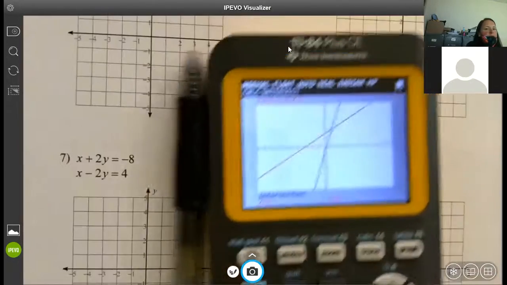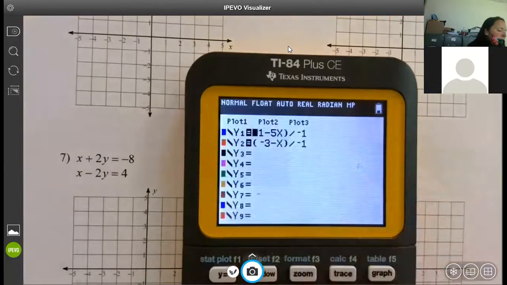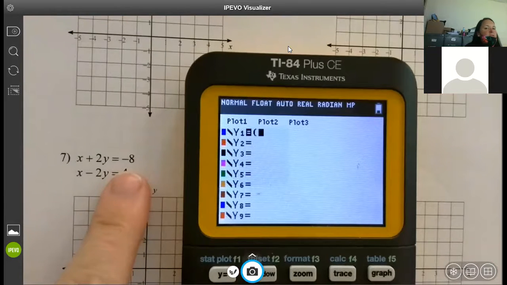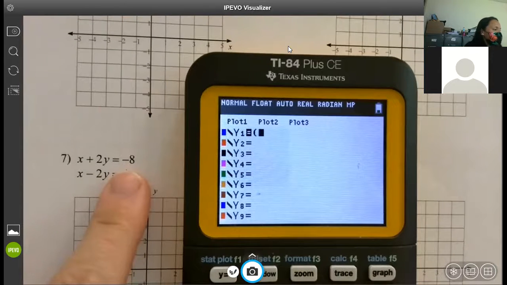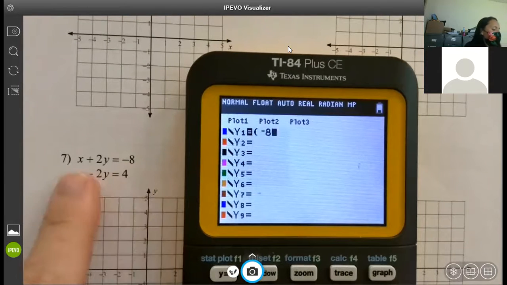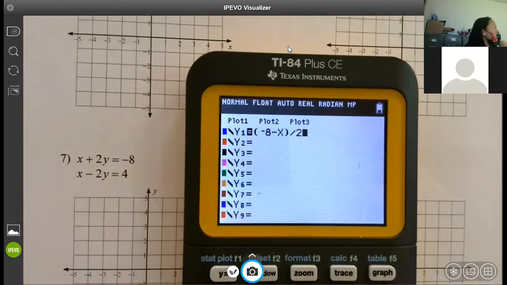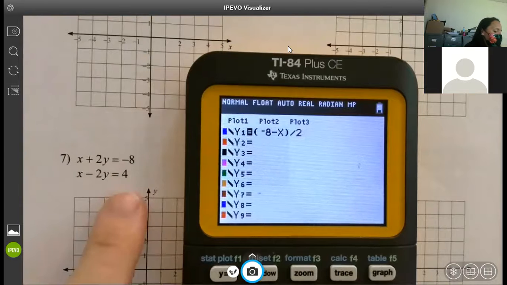All right, look at number 7. I'm going to put a parenthesis on the first equation. What's in the very end of it? -8. How do I move x? Minus x. Divide by, what's the number with y? 2. In the next one, put a parenthesis 4, because that's the end of your equation.